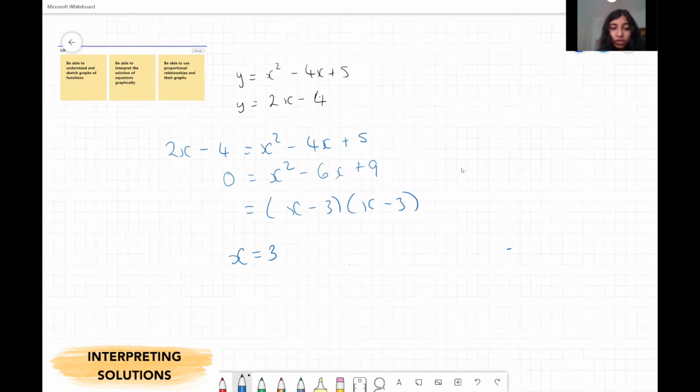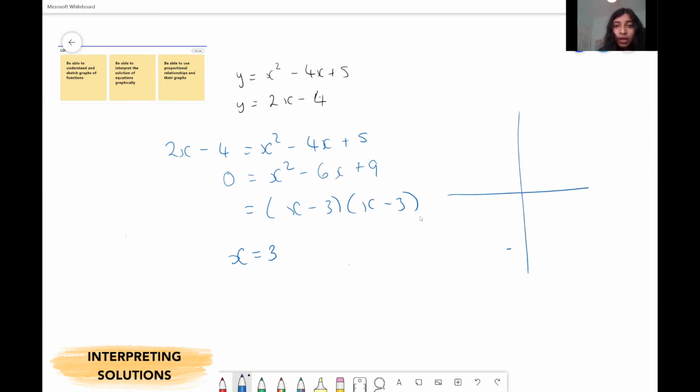The next thing you want to do is draw the two graphs. For the first one, you know it will cross the y-axis at 5, and then you can either complete the square to see where the minimum point is, or try to factorize it. You can try this yourself, but you would find that there are no factors. So one way to see whether it crosses the x-axis is to complete the square, or use the discriminant.